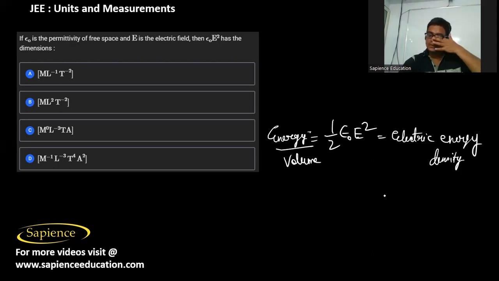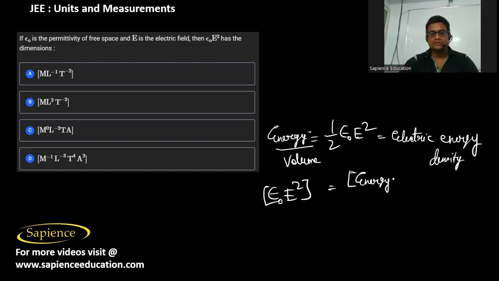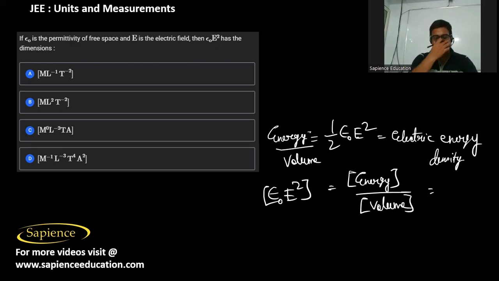Okay. So it means the dimensional formula of epsilon naught E square will be the same as the dimensional formula for energy, that is, the work done, divided by the dimensional formula for volume. The dimensional formula for energy will be equal to force into displacement, which gives us the work done.